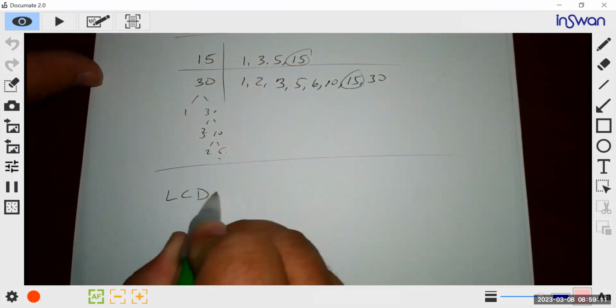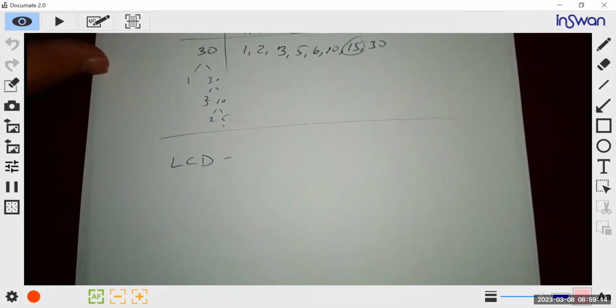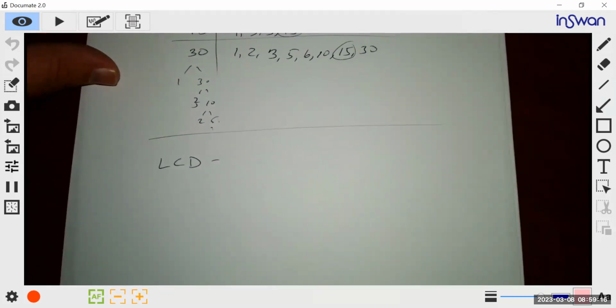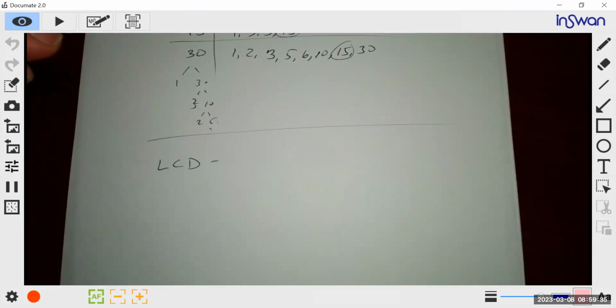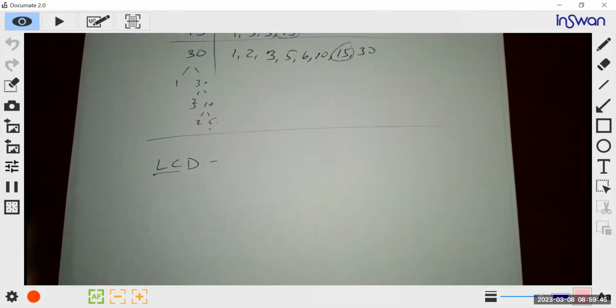The least common denominator. It's the smallest number, hence least common.